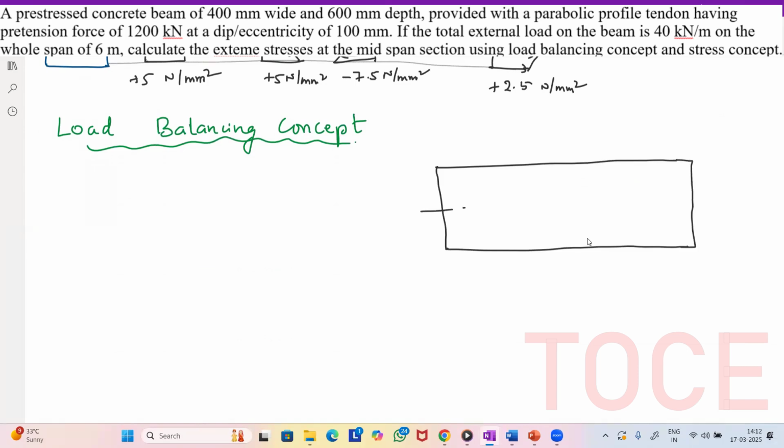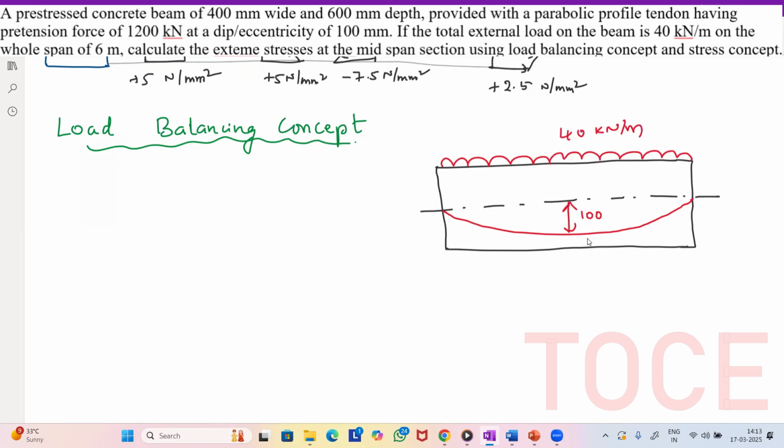So this is a beam. Your tendon is located in a parabolic profile, something like this. Okay. So which is having an eccentricity of 100. Okay. And we have external load of 40 kilonewtons per meter.